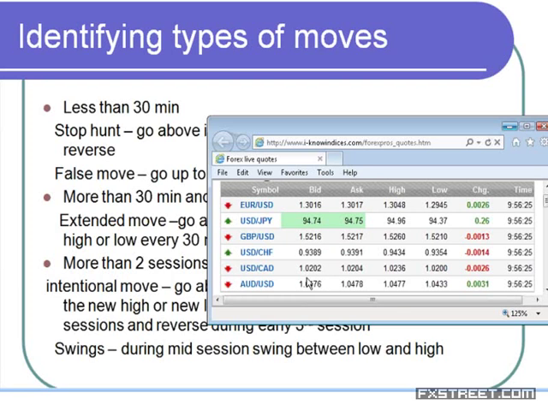The intentional move is the one where they continue to cut the high or the low every 30 minutes and make the rise. See, now you come across it in the case of Australian dollar, an intentional move. They just cut the high, 1.0461 was the initial high, and then subsequently made 1.0468, then 69, 71, 75, and 78.